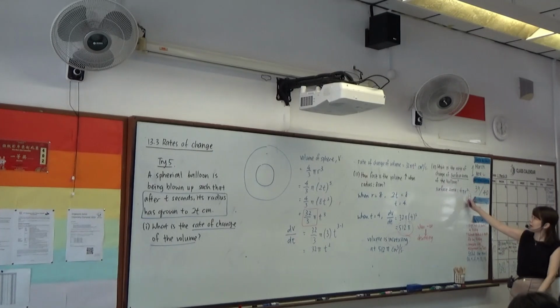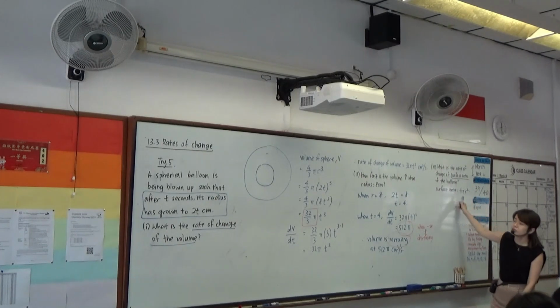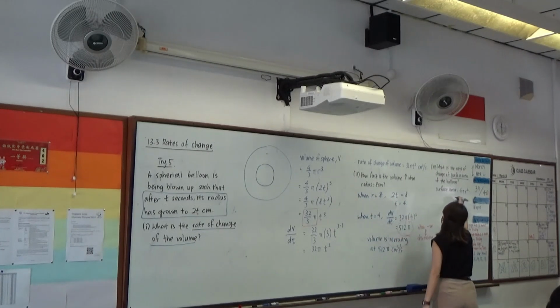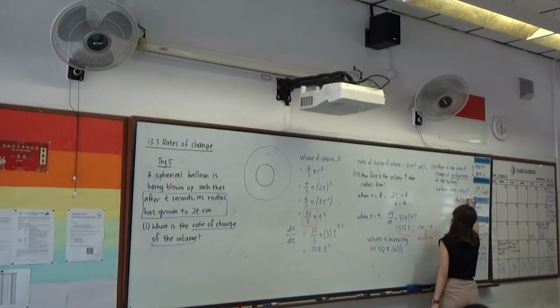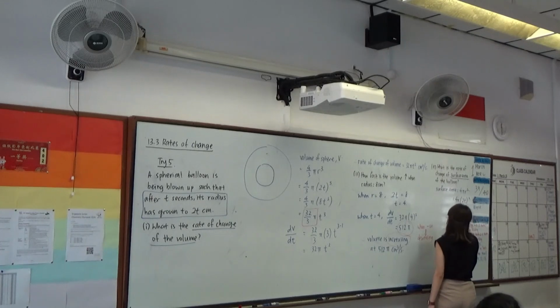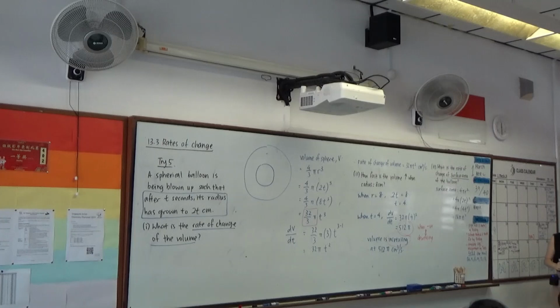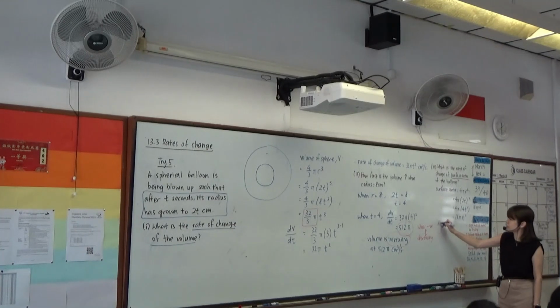Again, the same thing applies. We're trying to find the rate of change, so we need this to be in terms of t. We know that the radius becomes 2t over time, so that's why we substitute r to become 2t. Then we find the rate dA over dt.